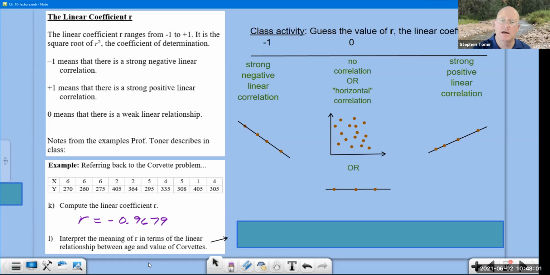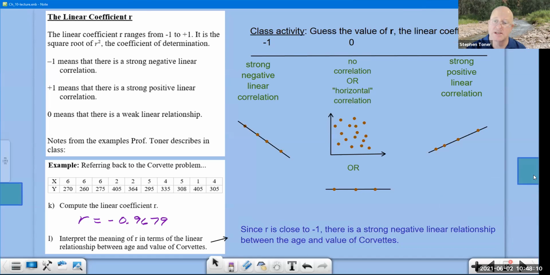So in part L, when I ask you to interpret this, you will be doing this in words also. It will not be multiple choice. We're going to say, since R is close to -1, there is a strong negative linear relationship between the age and value of Corvettes. Now, typically for me, this is like a 4-point problem.